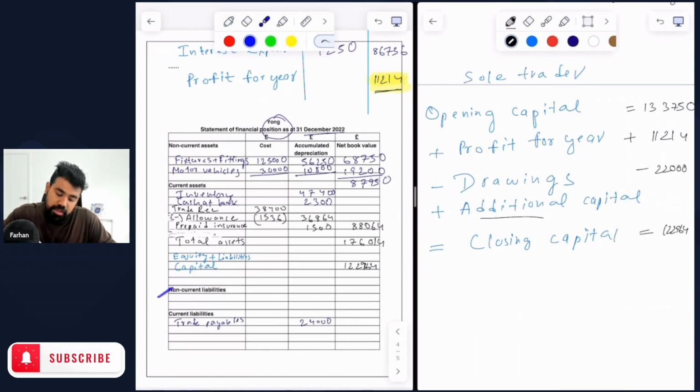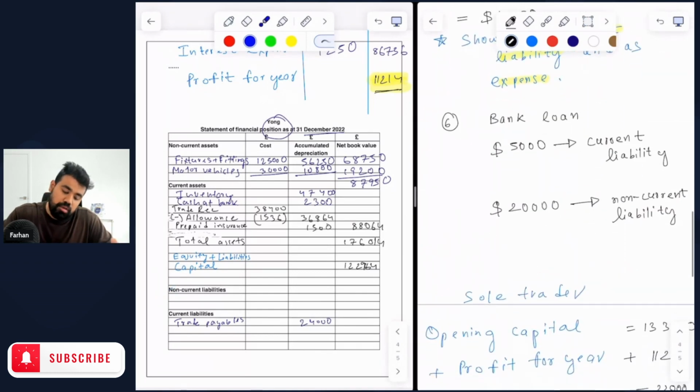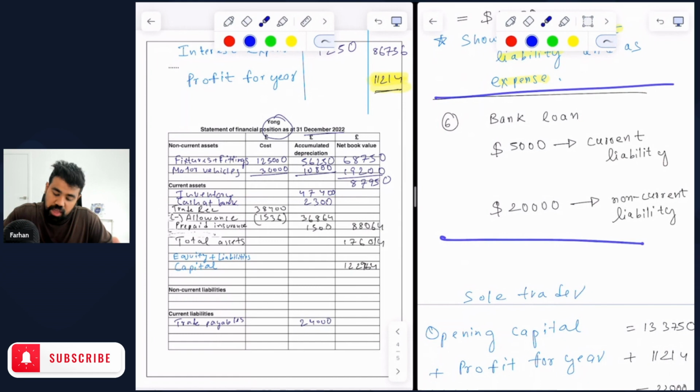So non-current liabilities. If you recall, the bank loan that we discussed in additional information number 6, what did we say? We said 5,000, which we are repaying in 2023, is what we define as a current liability, because this obligation is taken care of in the next 12 months.